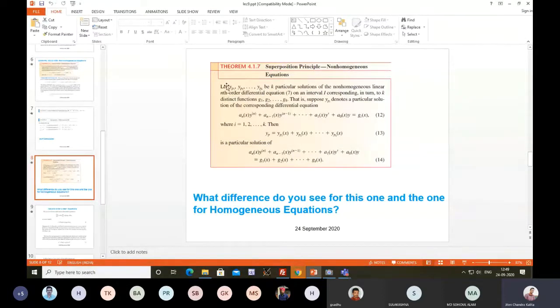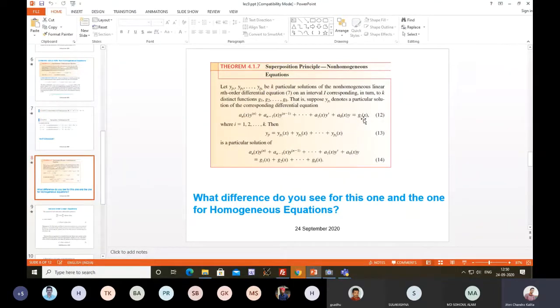Okay, fine. Say let yp1, yp2, up to ypk be k particular solutions of the non-homogeneous linear nth order differential equation on a certain interval I, corresponding to k distinct functions g1, g2 up to gk. Here in my case, it was g1, g2, g3. That is, suppose ypi denotes the particular solution corresponding to the differential equation given by 12.